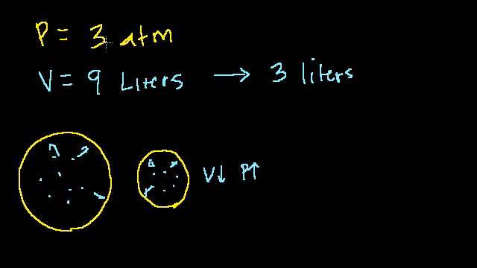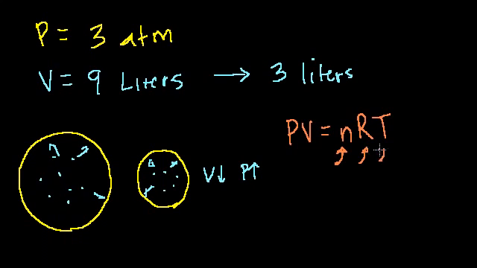So let's see if we can calculate the exact number. We can take our ideal gas equation: pressure times volume is equal to nRT. Do the number of particles change when I shrink the volume? No, we have the same number of particles. I'm just shrinking the container. So n is n. R is just a constant.